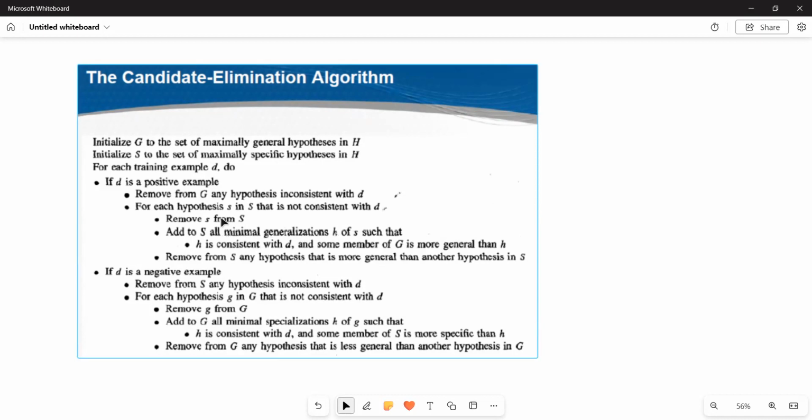So what does minimal generalization mean here?